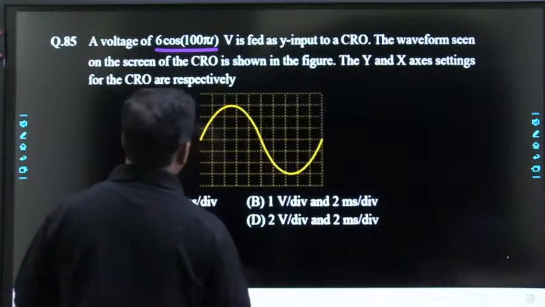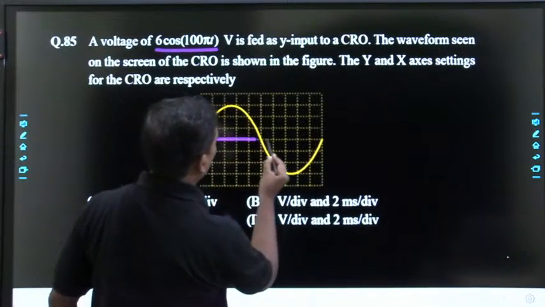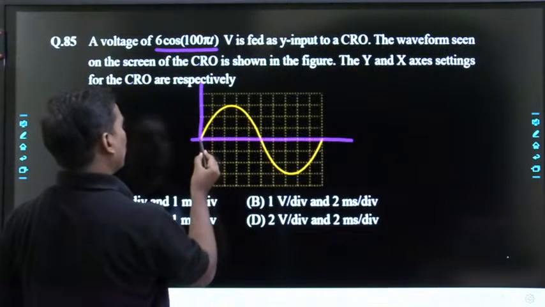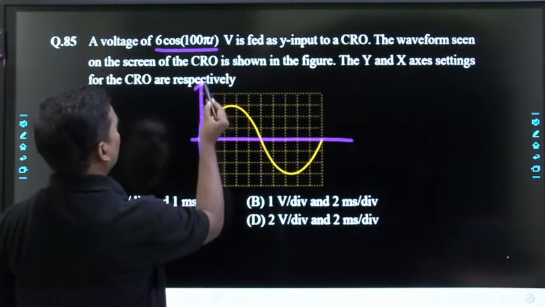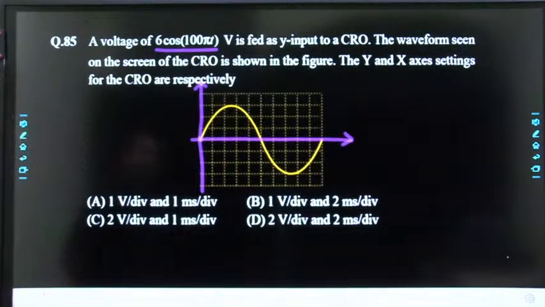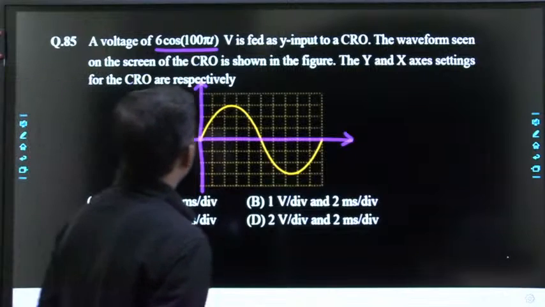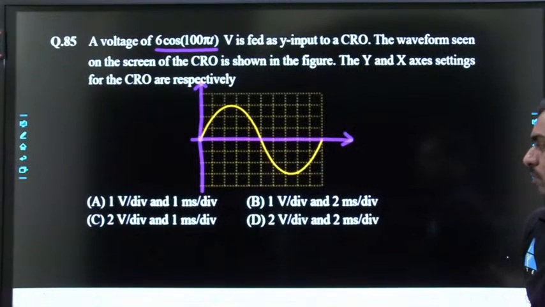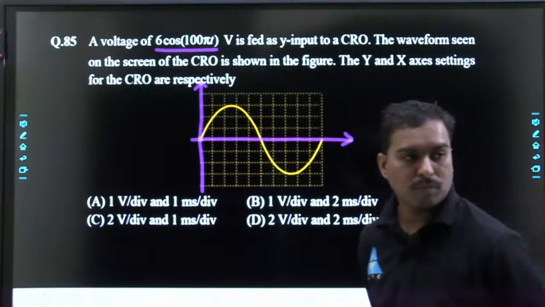So if you draw the line like this, now tell me, I am expecting the answer. The waveform seen in the picture.